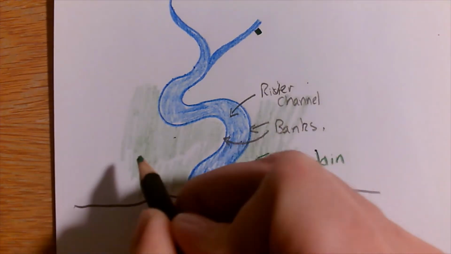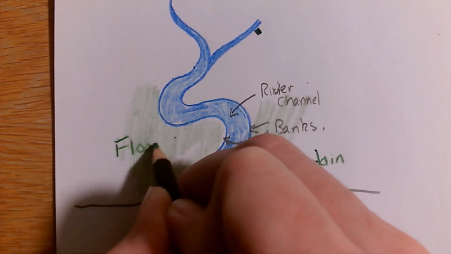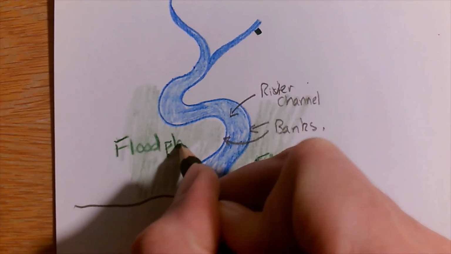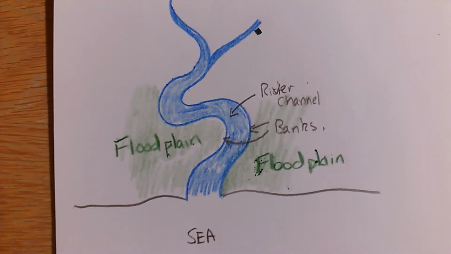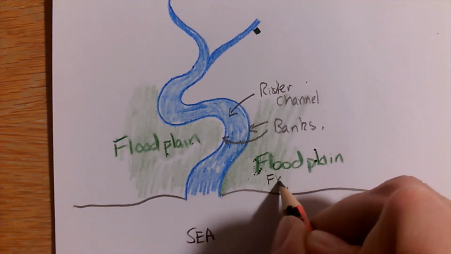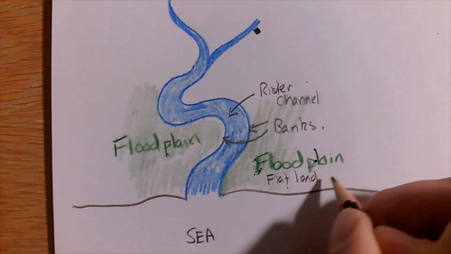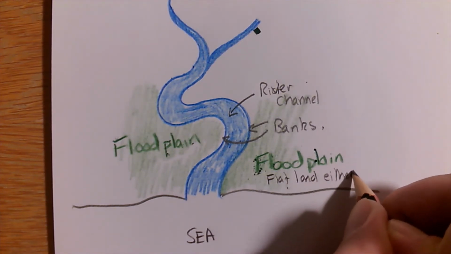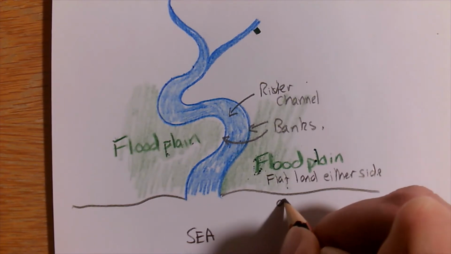Floodplain. We've got the floodplain here as well. And that is an area of flat land either side of the river.